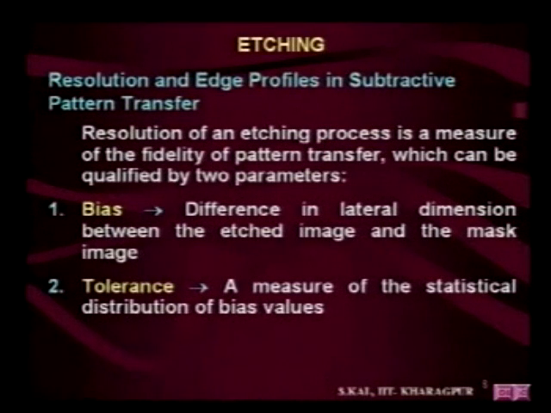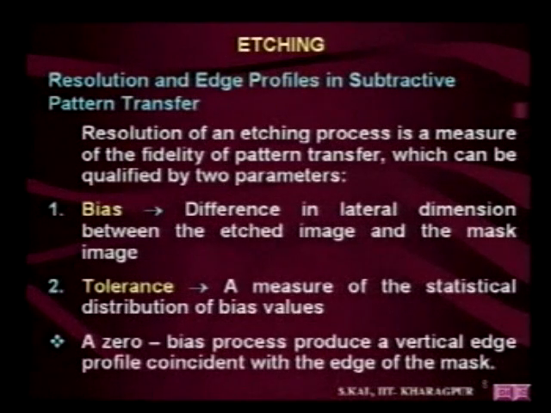That gap may not be exactly equal. The difference is known as bias. Tolerance is a measure of the statistical distribution of bias values.